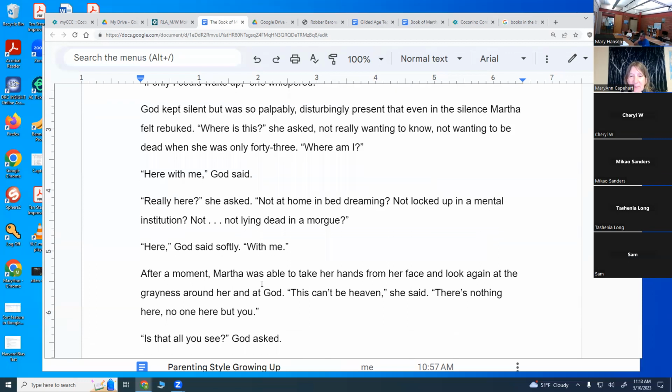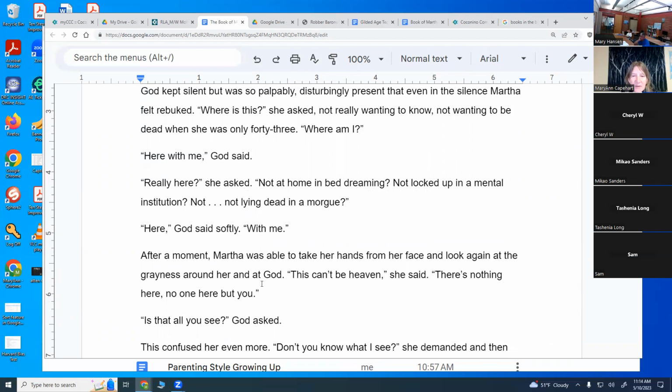After a moment, Martha was able to take her hands from her face and look again at the grayness around her and at God. This can't be heaven, she said. I say that part. You just use the quotation marks. There's nothing here, no one here but you.